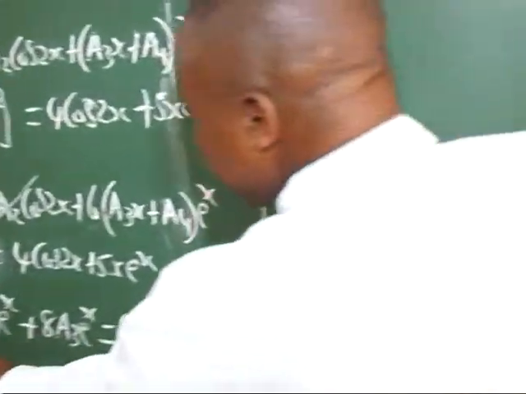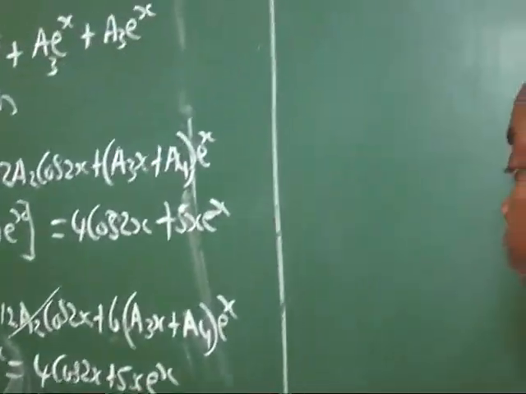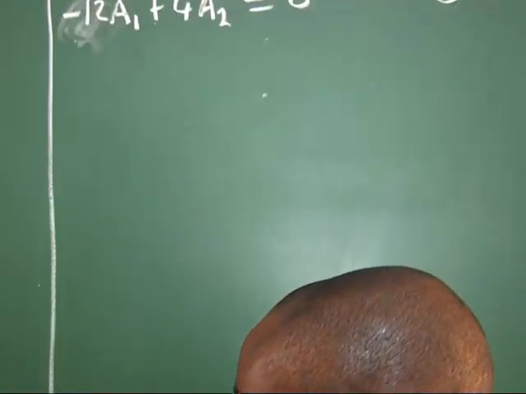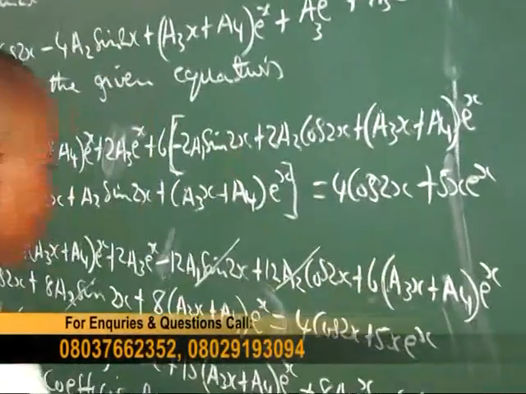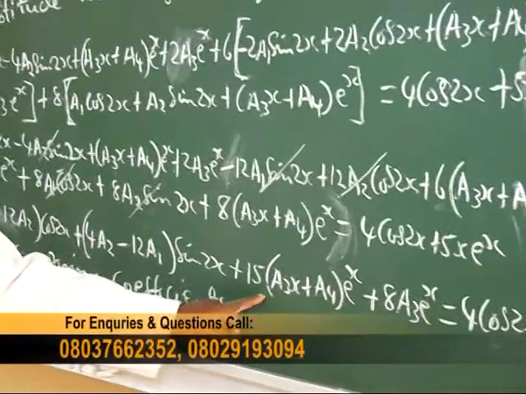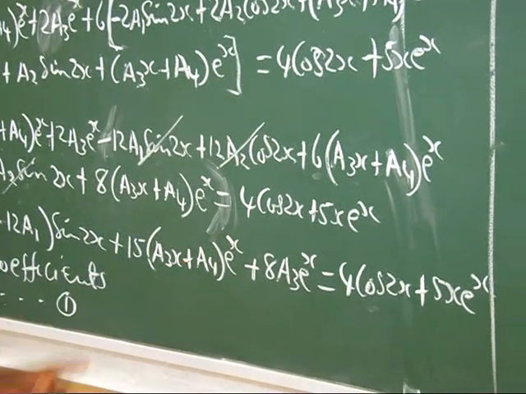Now, let's compare this. This particular place, we want to multiply it. Let's open here so that we can really get the coefficient of x.